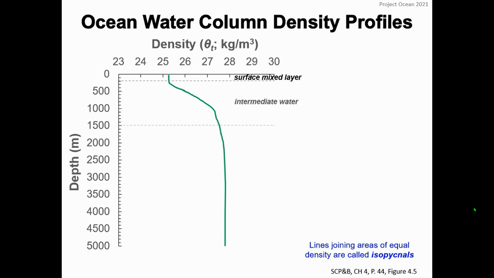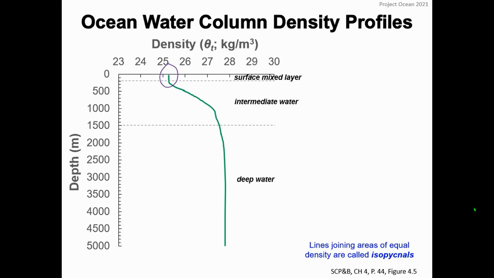Before we jump into discussing this profile, here's where I'll formally define some of these depth-specific divisions within an ocean water column. We've already learned about this surface mix layer, typically defined as waters from 0 to 200 meters, characterized by relatively uniform properties within that layer due to mixing at the surface by wind and waves.